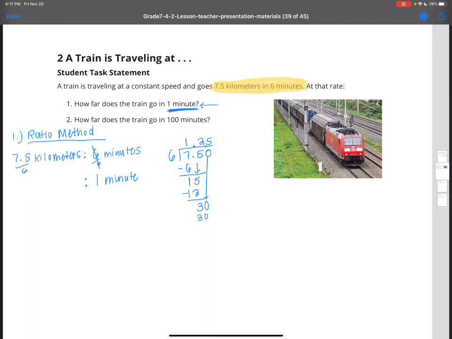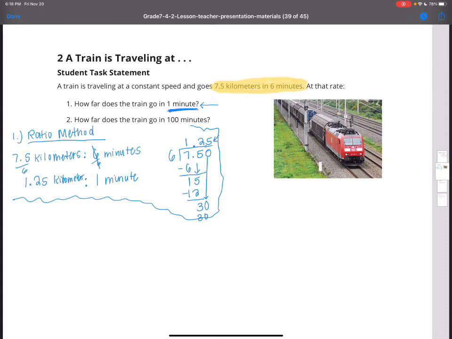So this number I just found is the kilometers. So the train could travel 1 and 25/100 kilometers in 1 minute. So that is the ratio method.